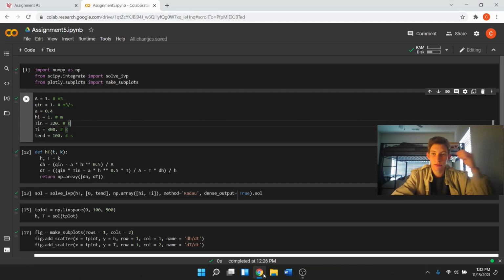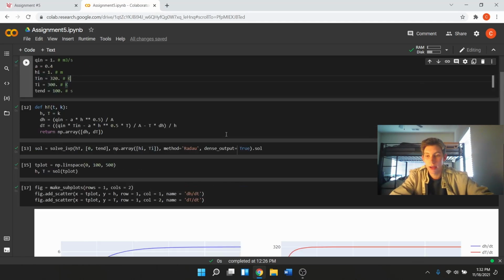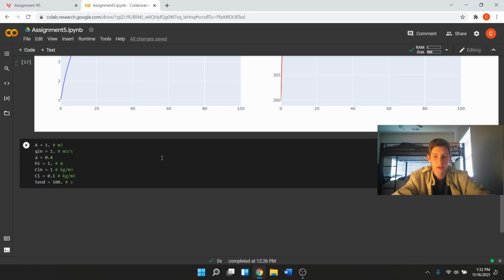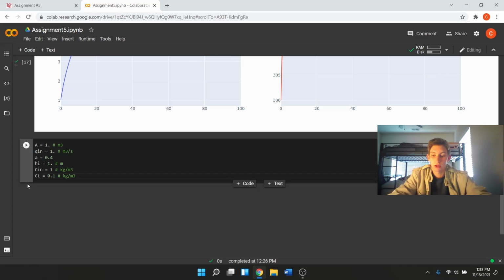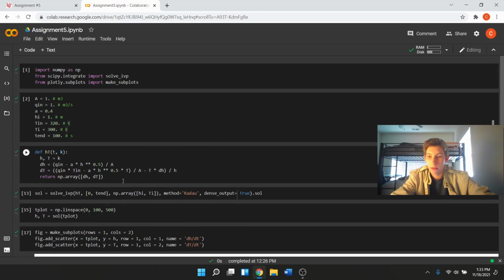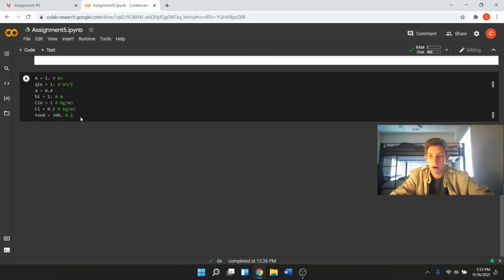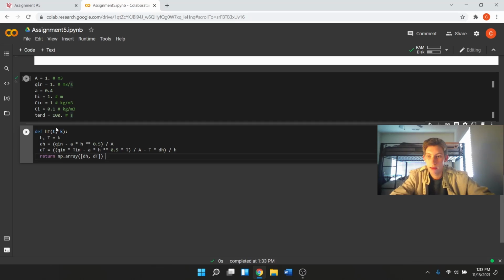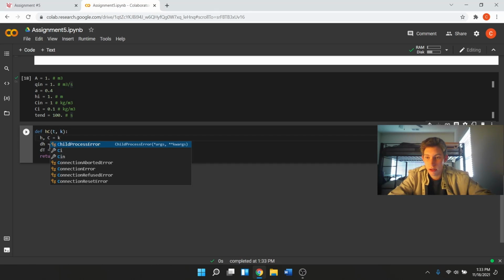So here's our code that we had previously. I just added the initial values for this problem. But we can essentially just copy these parts. We're going to have to give this a new function name. So we'll give this HC, and then change these variables here.